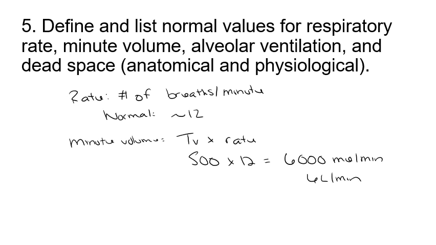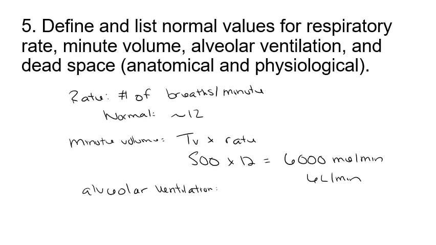The difference between minute volume and alveolar ventilation is the fact that alveolar ventilation takes into account dead space. So not all of the air that's going in and out of the respiratory tract can participate in gas exchange due to the fact that we only have a portion of the respiratory system that is the respiratory zone.